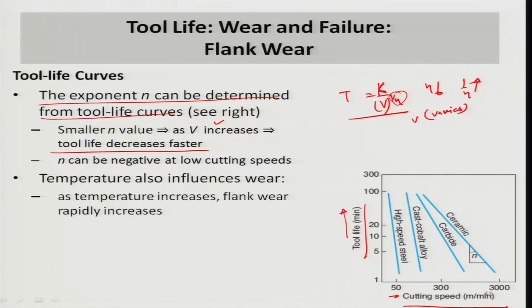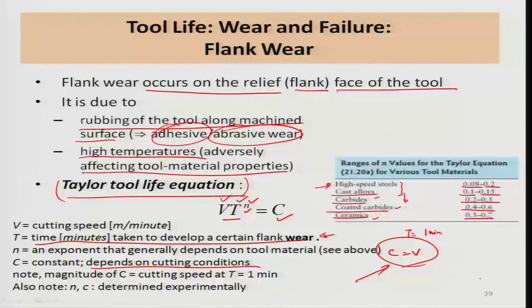So, therefore, this line for example corresponds to high speed steel, which probably has a range of 0.08 to 0.2 n value. This is cast alloys, cast cobalt alloys. This is for example carbide, this for example ceramic, where I think I had earlier mentioned just about 1 or 2 slides back that for example in the carbide it is 0.2 to 0.5, that is the value of n.